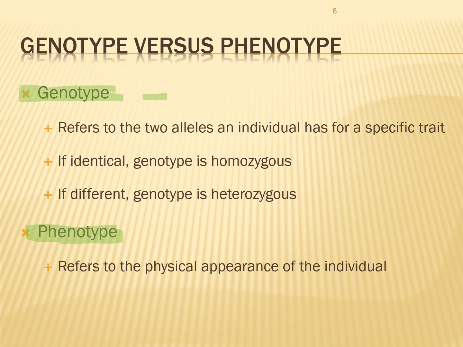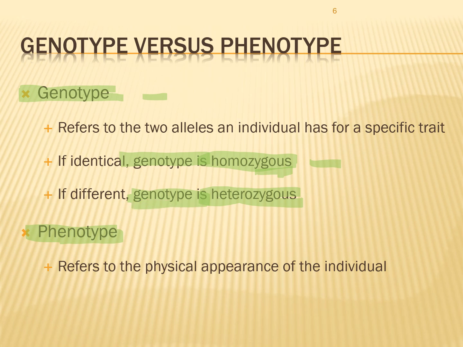So if your 2 alleles are identical, then you're homozygous. If you have 2 different alleles, then you're heterozygous. Zygos is the zygote. Homo means the same, hetero means different. And that's your genotype. So your genotype can either be homozygous or heterozygous.